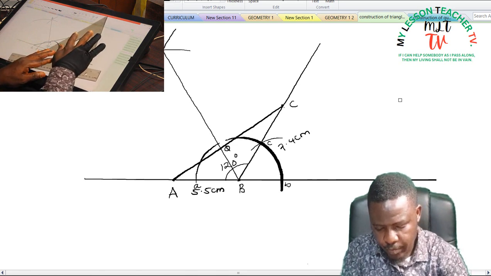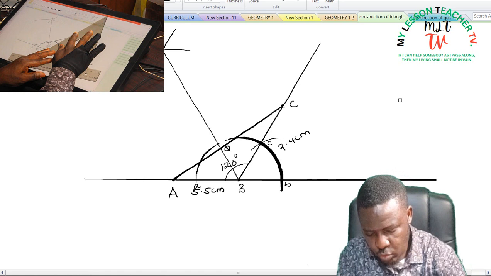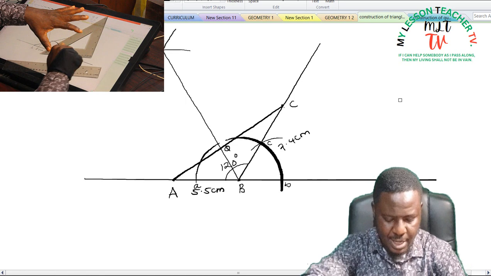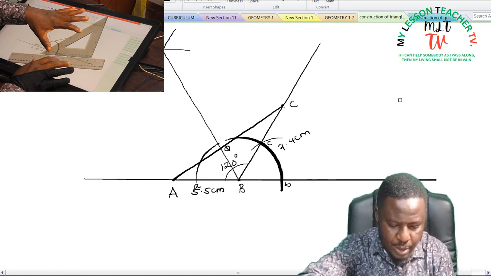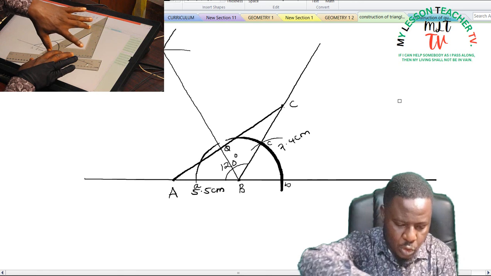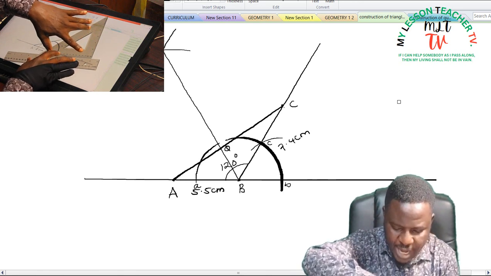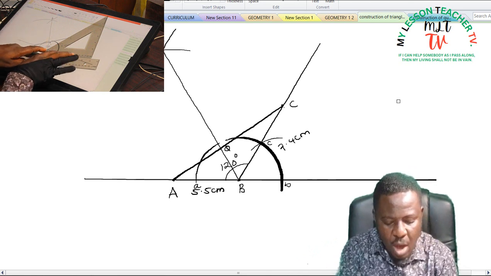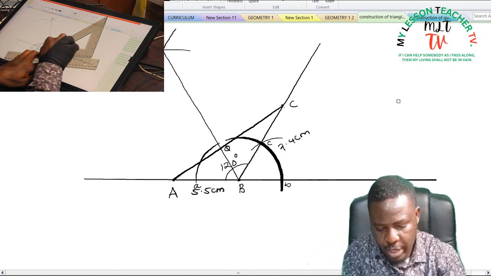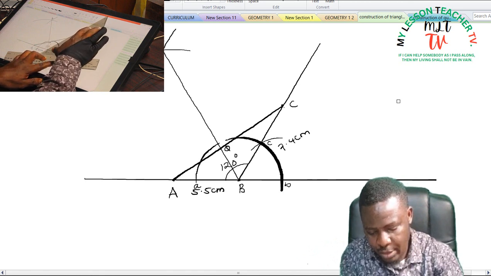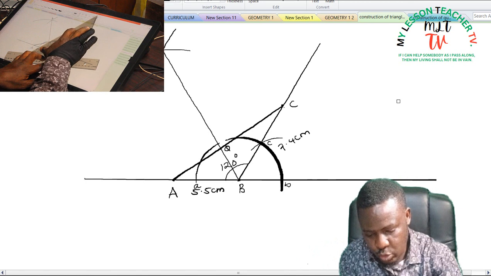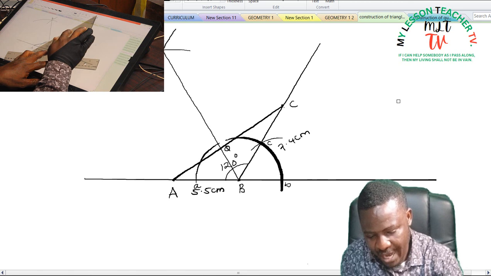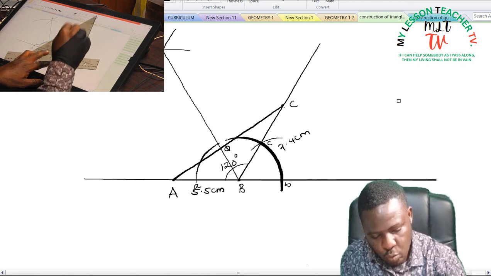I'll set it to be parallel to BC, while my ruler now comes in to give it a straight line. So what I'm going to do next is to push it until it gets to point Q without moving the ruler. When you do that, you slide it on the ruler to that point.